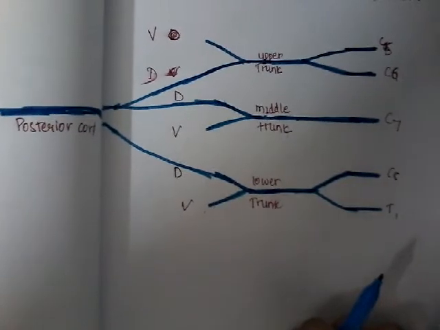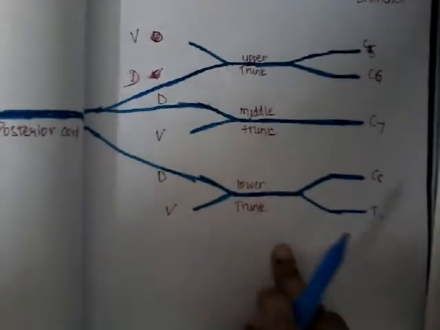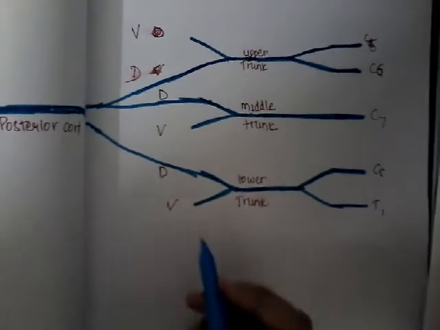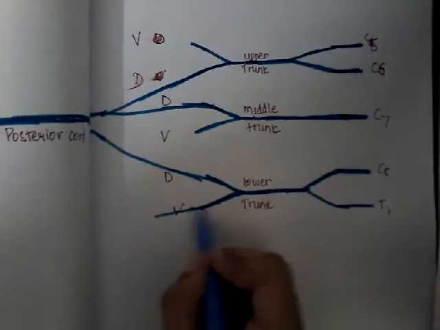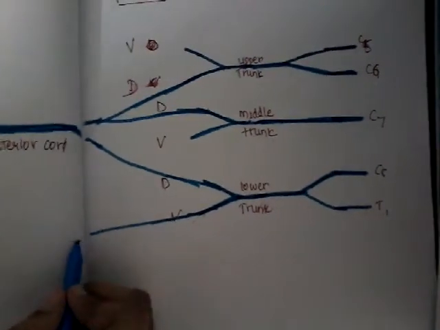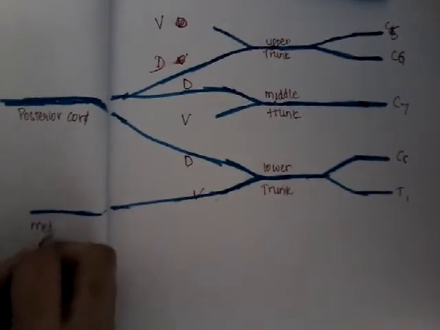Now we have the ventral divisions of the upper, middle and lower trunk. The ventral division of the lower trunk will run as it is and it forms the medial cord.